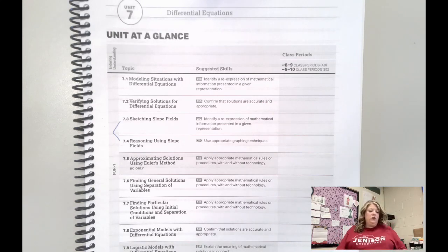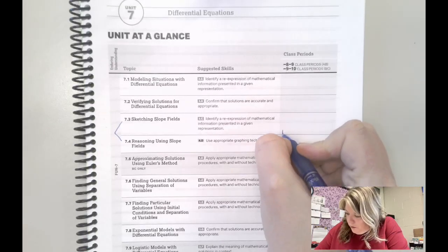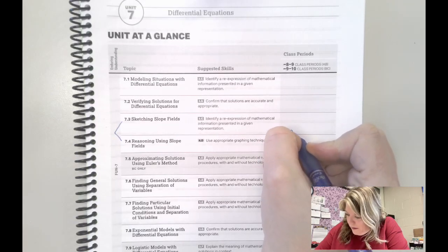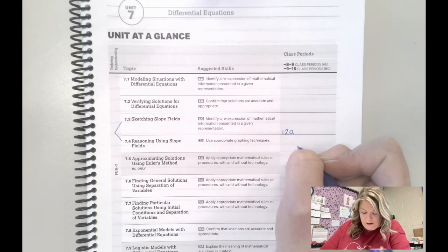So if you want specific questions that deal with slope fields, and I've got your test review here in front of me, I would say, for example, and this goes with both of these, 12A has you graphing a slope field, or creating a slope field.